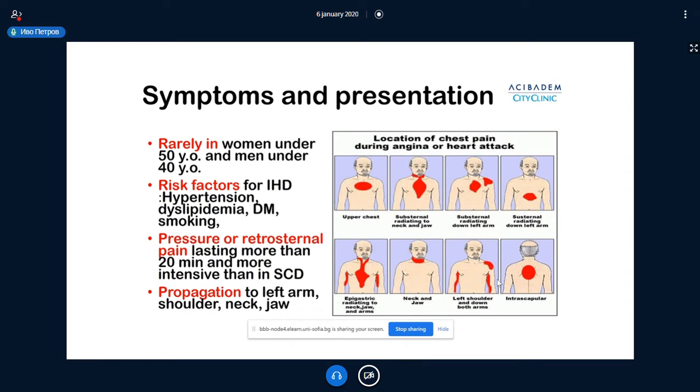In most of the cases there is some localization and irradiation of the pain also to the shoulders, to the neck, even to the ears, to the jaw, to the fingers, and even to the back and the epigastrium. As you can see, the localization of the pain is not the leading symptom that can tell us if the problem is from the heart or not.